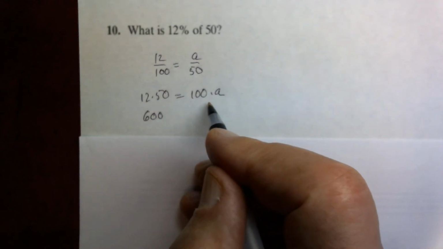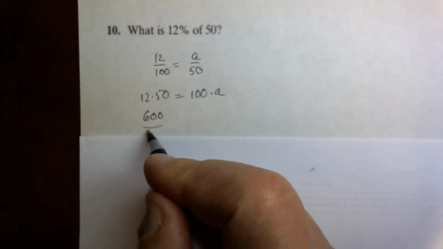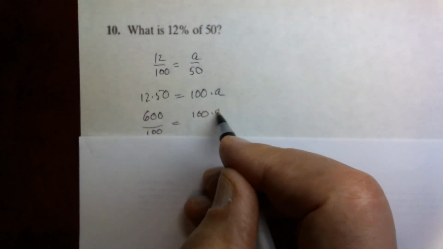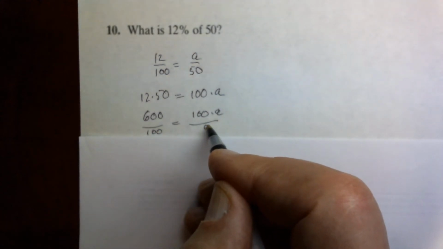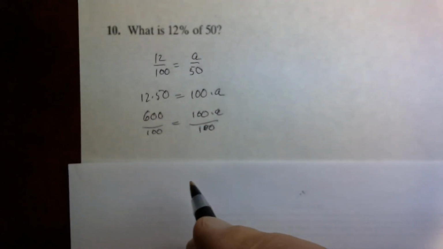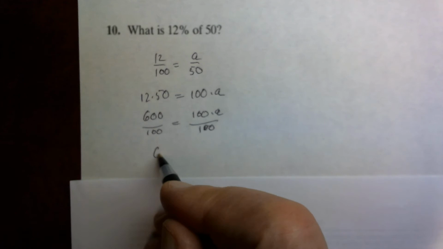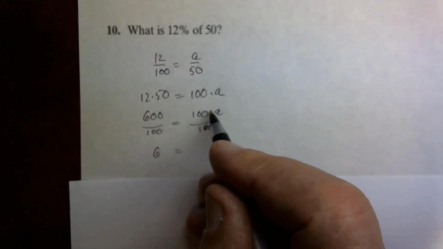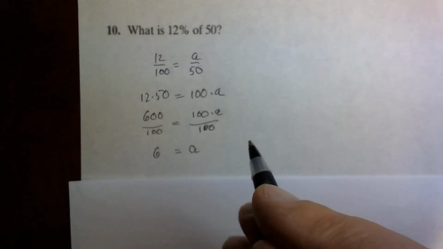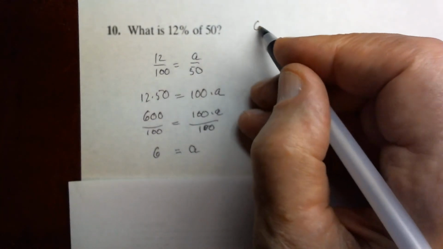And to isolate A, we divide both sides by 100. Then on the left side we get 6. And on the right side the 100s cancel. So A is equal to 6. So here the answer is 6.